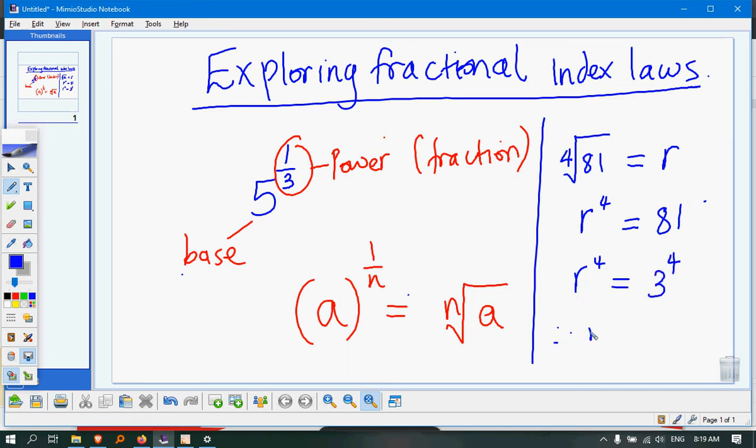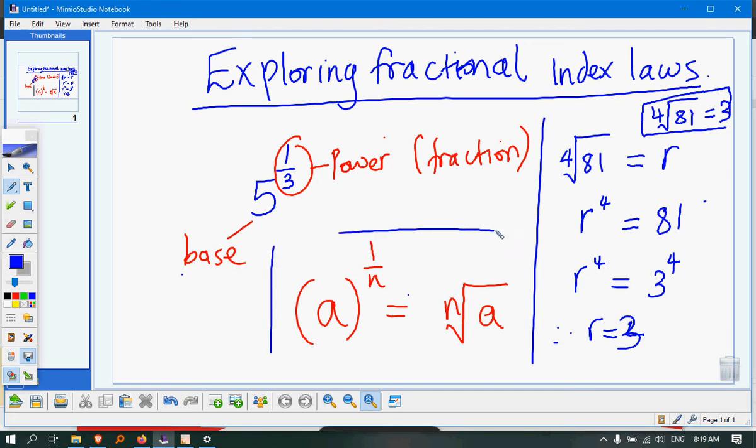It means that r equals 3. So the fourth root of 81 is 3. This is how we do it in case the question is without using a calculator. So back to this index law, if I have a number to the power 1 over n, they are basically asking me for the nth root of that number.